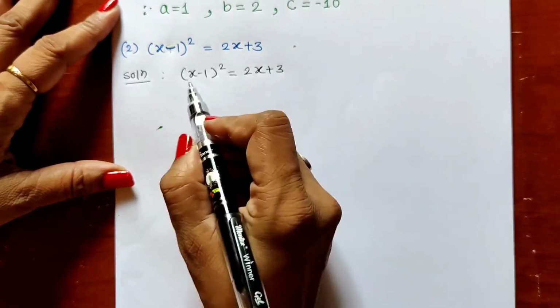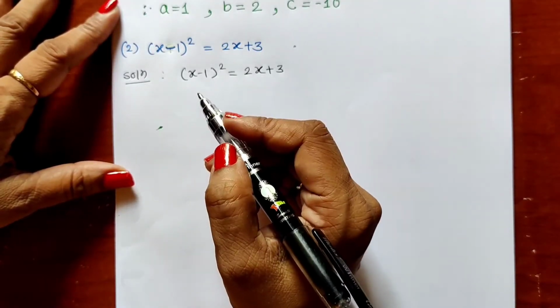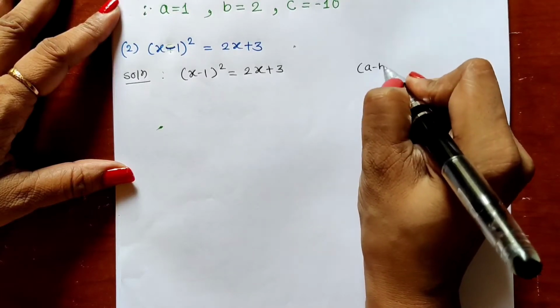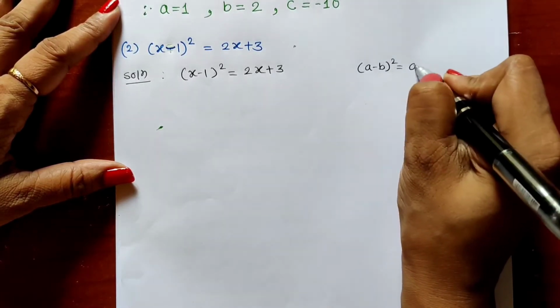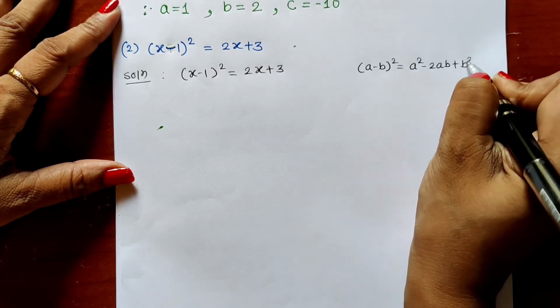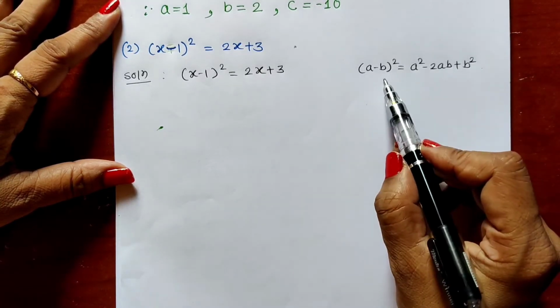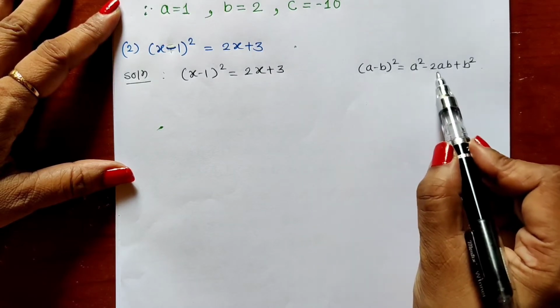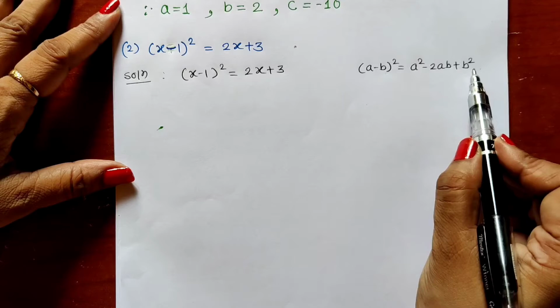See children, here x minus 1 whole square, bracket square is there. So we can apply the formula of a minus b whole square is equal to a square minus 2ab plus b square. This is the formula which we all have been studying since our 7th standard. So we will be applying this formula. First term square minus 2 into first term into second term plus second term square.